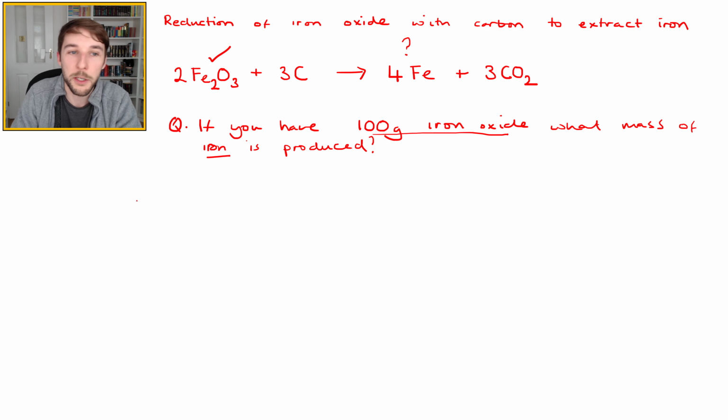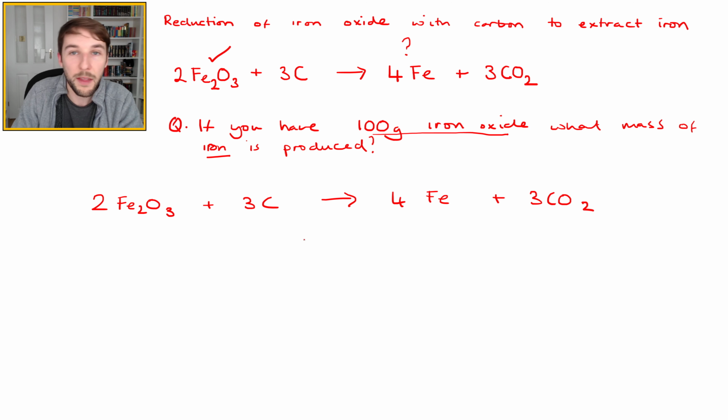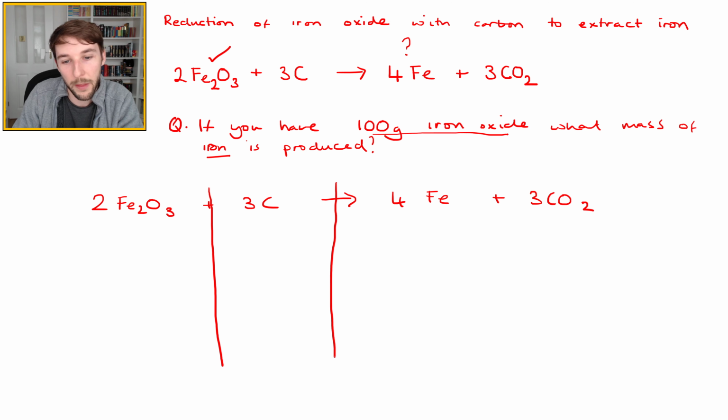What I always recommend to my students is the first thing you need to do is rewrite the equation. So we're going to do that now. 2Fe2O3 plus 3C goes to form 4Fe plus 3CO2. And then what we're going to do is draw some columns. I'm going to draw a column anywhere where there's a plus or an arrow, like that. Not perfect straight lines, but that'll do.